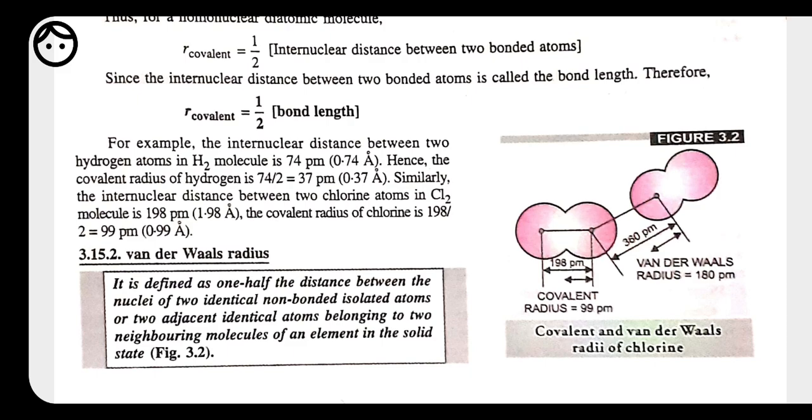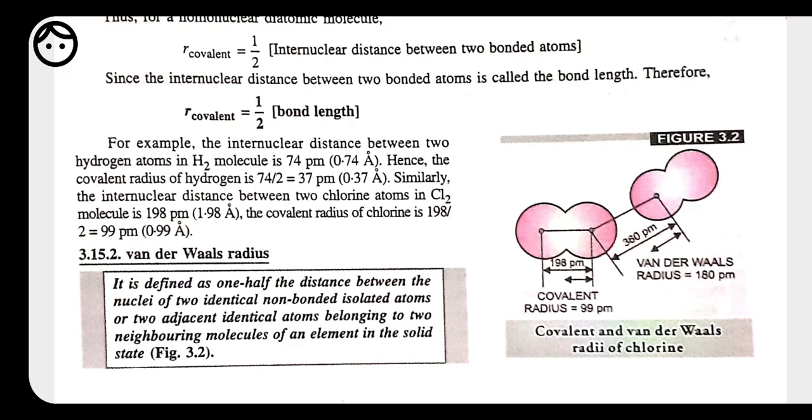So whenever we are taking out the radius of a gaseous atom, we cannot take it for one diatom. Here we have to take the distance, see in this structure we have two different molecules, one present in the diatomic form and another also present in the diatomic form. So the distance from one nucleus to the other nucleus is 360 pm.